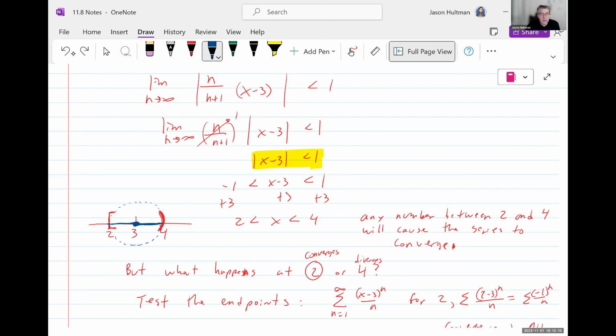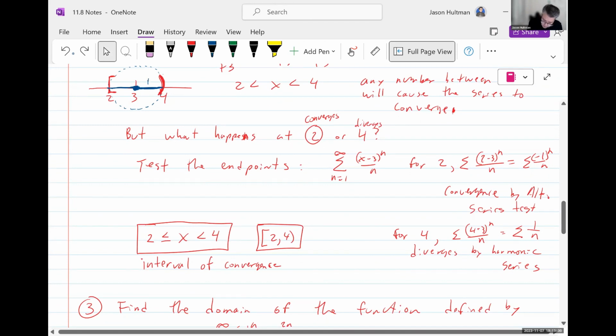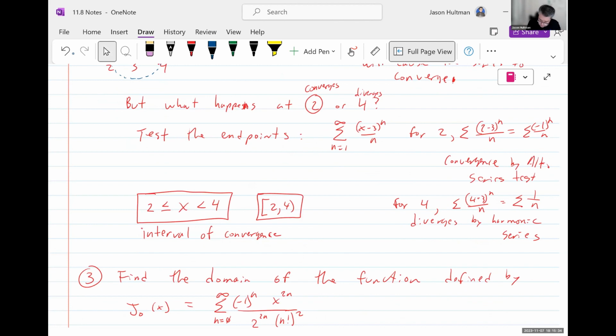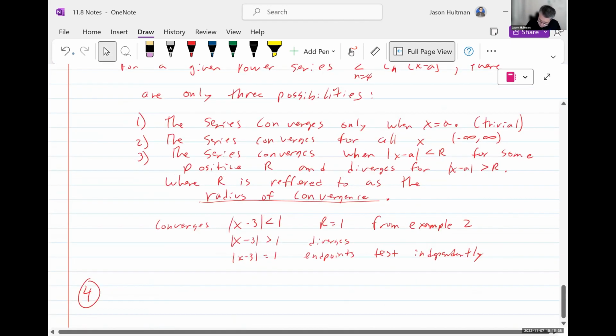So the radius, you think of it as a radius, but it's really just a radius in one dimension. It's a one-dimension radius, which is just distance. And so it's 1. So the radius is 1.